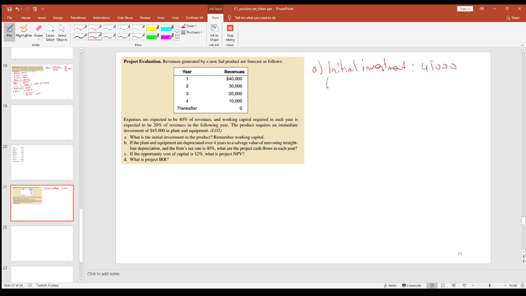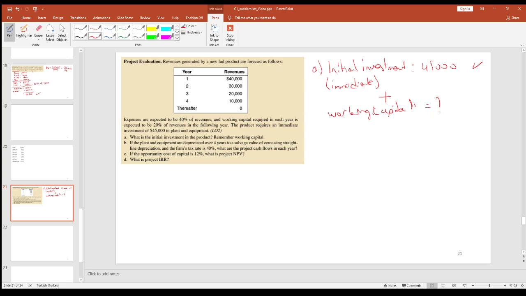This is an immediate amount, but you need to add working capital here. Why? It is because this is the capital that you need to run your business. So what is the working capital here?